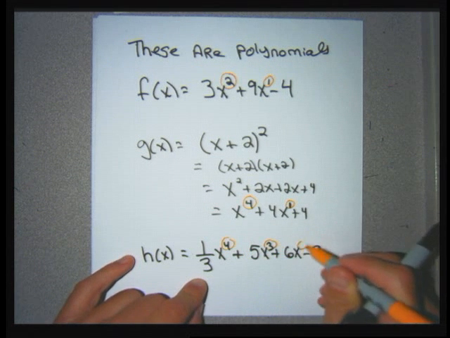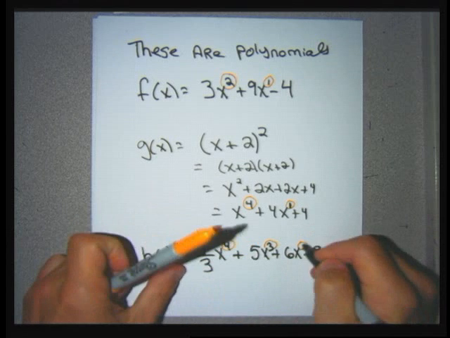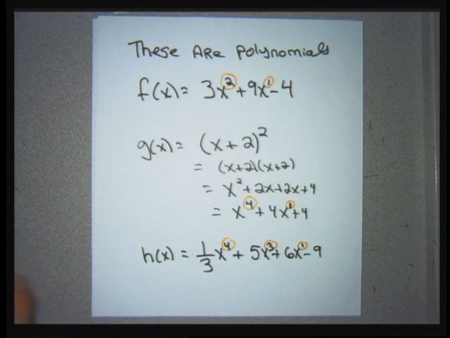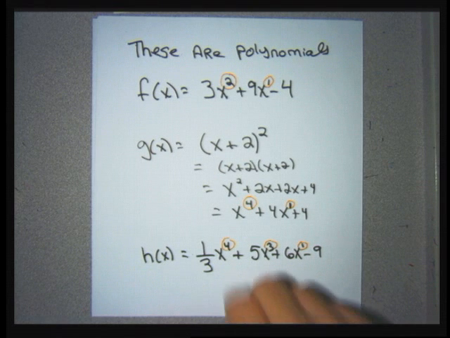If something's written in expanded form, if all the letters have positive integer exponents, no exponents are negative or fractions, no x's in the denominator of a fraction, and no x's under a radical sign, basically you have a polynomial. So section 5.1 focuses entirely on polynomials and a bit on the graphs of polynomials.